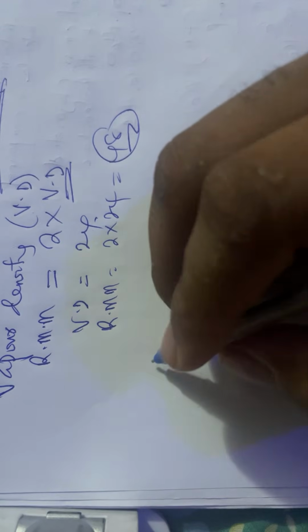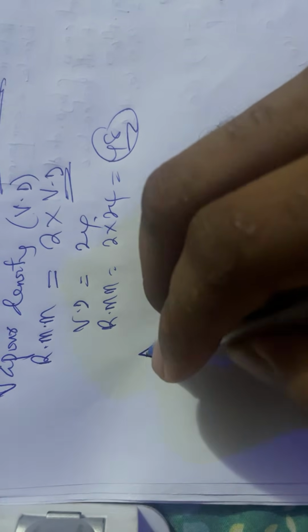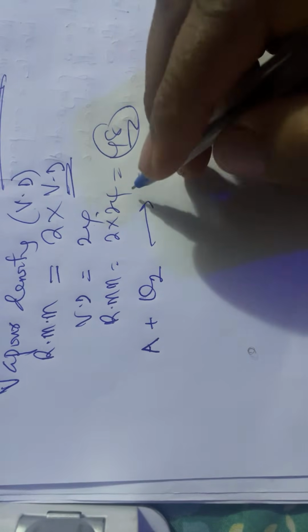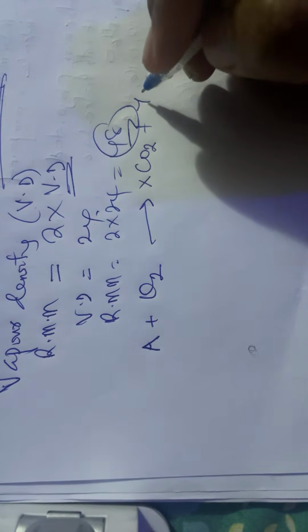Combustion is, for instance, if we have an organic compound, that organic compound, let's say the organic compound is A, plus oxygen gas to produce carbon dioxide and water.